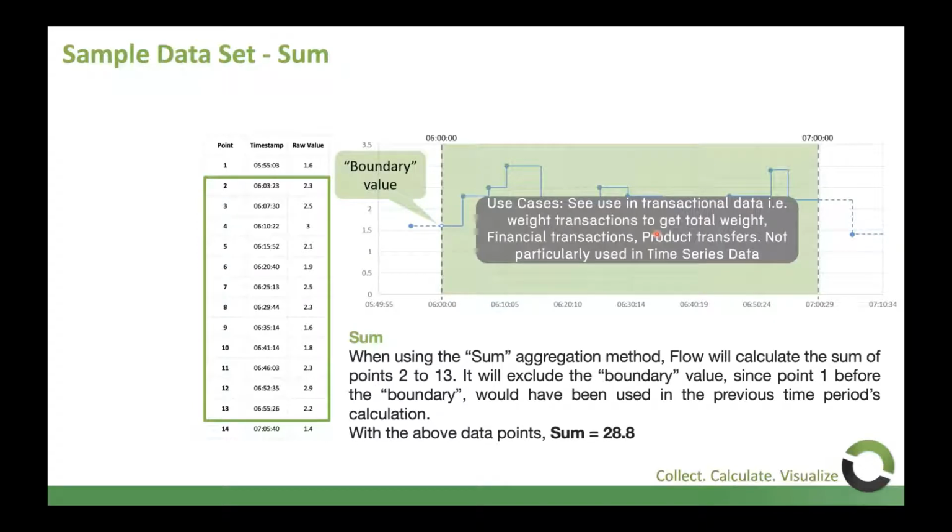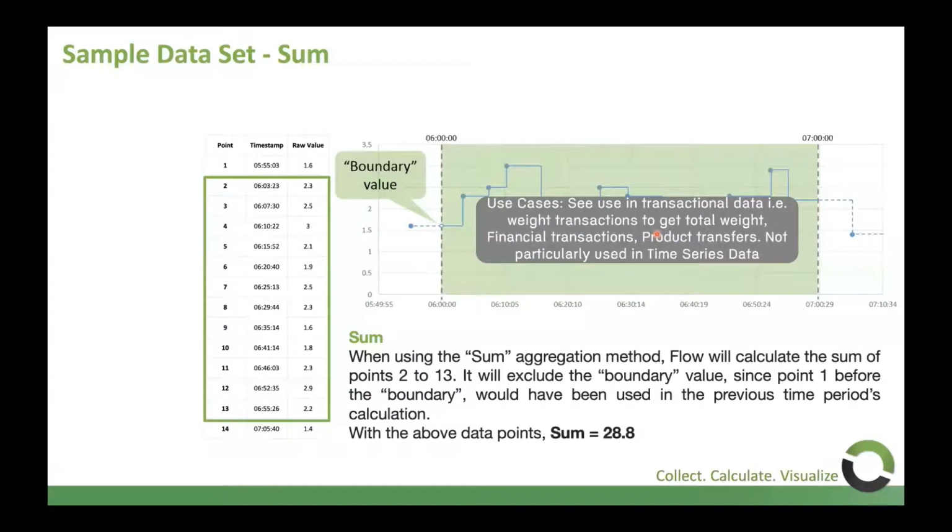We don't see this used quite a lot in your typical process variables that we store in a historian, like temperatures, pressures, flows. It doesn't really make sense adding temperatures together to give you one massive value. But where we do really see this is in transactional type of data. If you've got a transaction that gets stored in a transactional database every time you offload a specific weight, it's very important to add all of those weights together for the hour to see how much total weight you have been offloading.